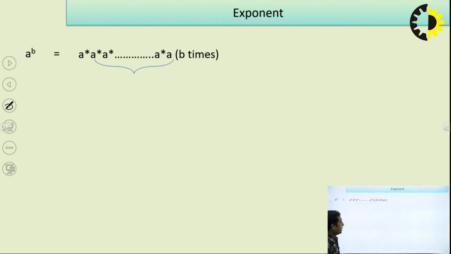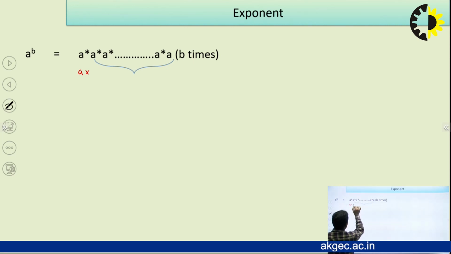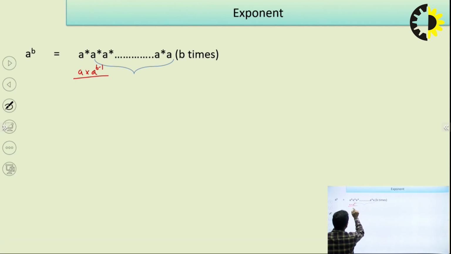So we can say it is a into a power b minus 1. This is the recursive method: in the solution of a power b we use the same type of subproblem, a power b minus 1. So we will use this concept to solve a power b through recursion.